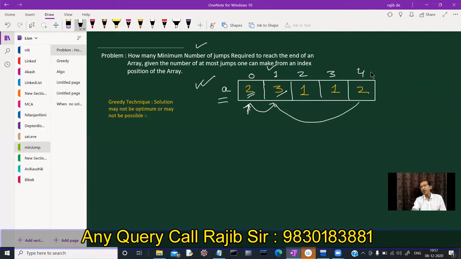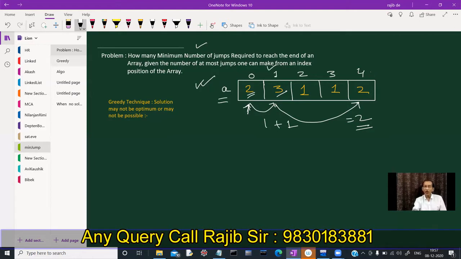So you can reach location 4 simply by jumping from index 1. How many jumps? 1 plus 1, 2. So this is the optimum solution which the greedy technique fails to give.